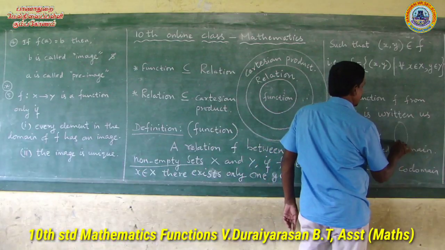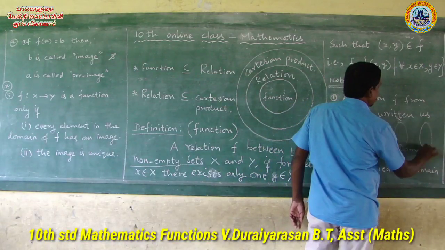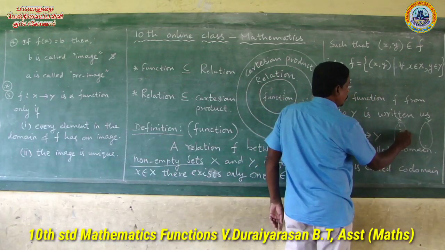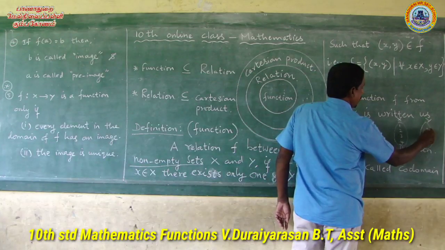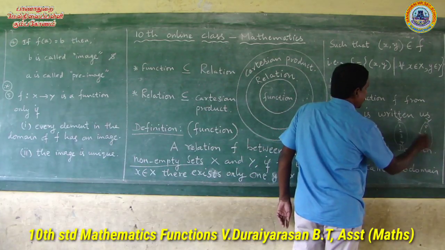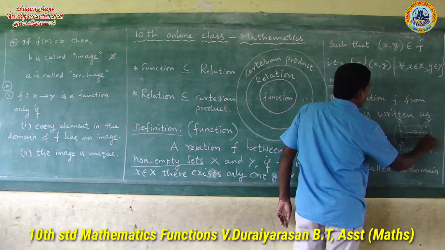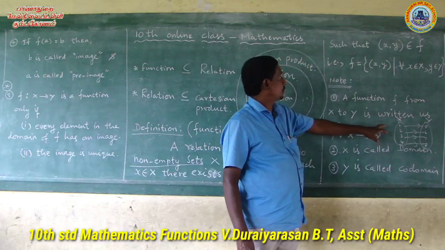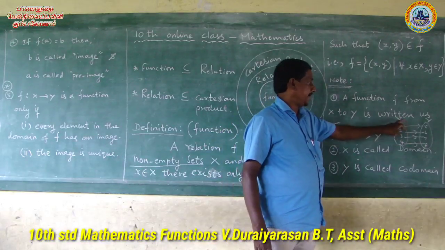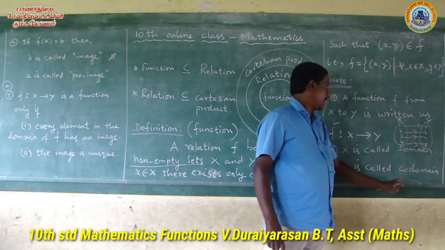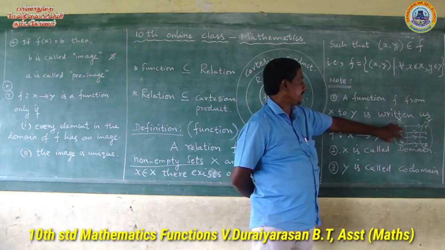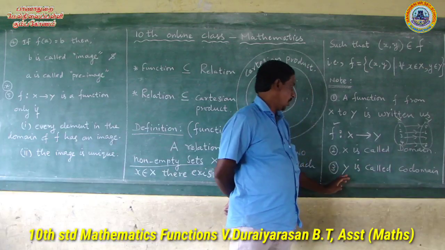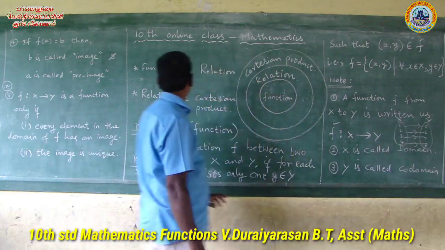This is capital X, this is capital Y. What is the value of X? 1, 2, 3, 4. What is Y? 5, 6, 7, 8. This is the arrow diagram, already studied. X is called the domain, Y is called the codomain.